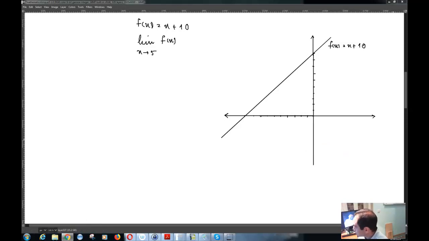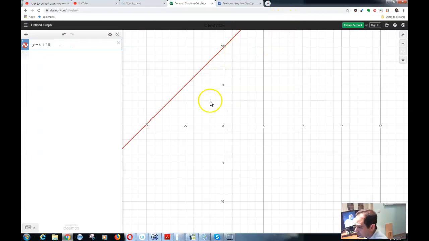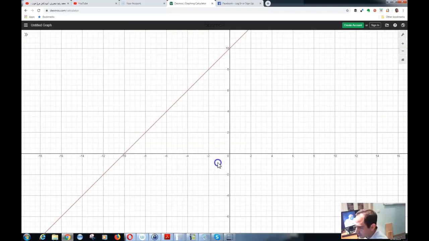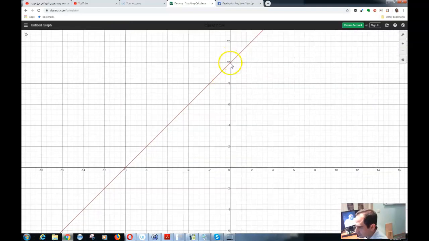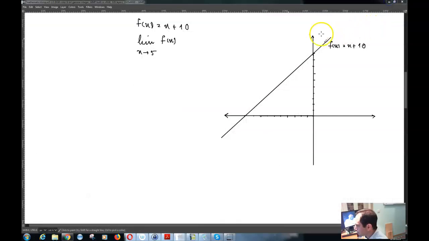If y is equal to x plus 10, the function goes through this point 10 over here and this point negative 10 over here on the x-axis and the y-axis.